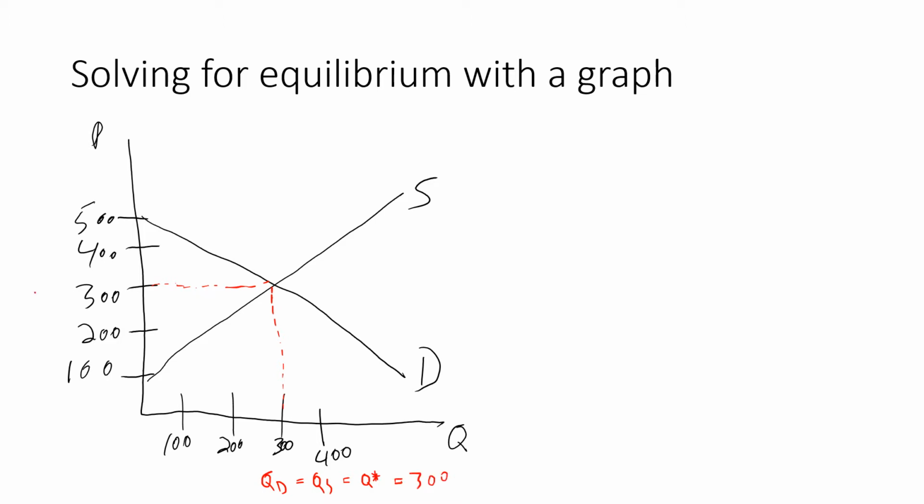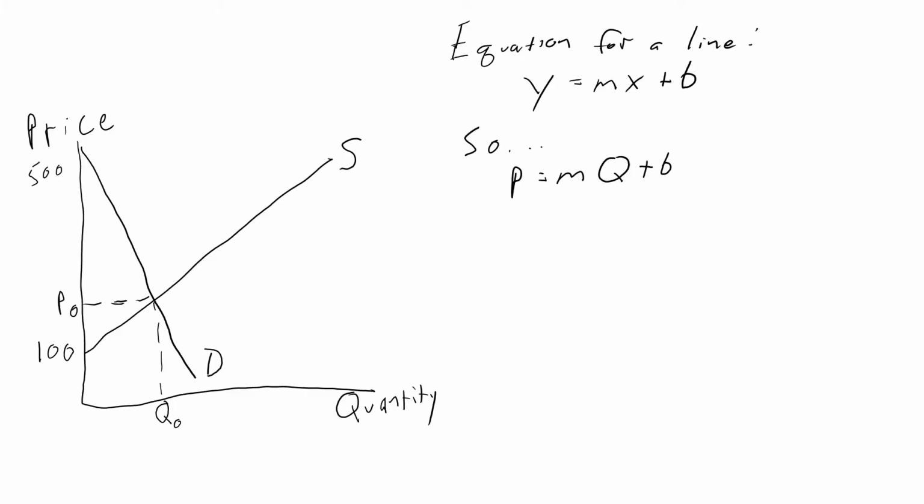And we see that P star, the price which sets quantity demanded equal to quantity supplied, is also 300. Okay, so we can use equations to represent the same information that's given to us in tables or with graphs.